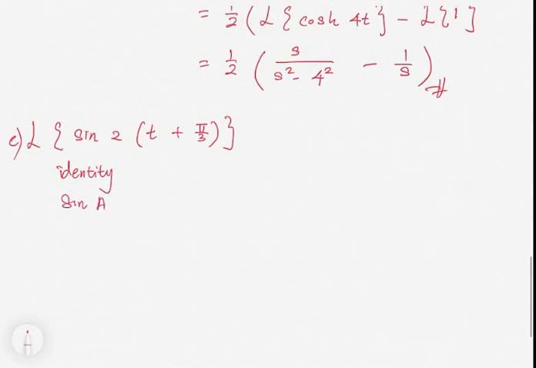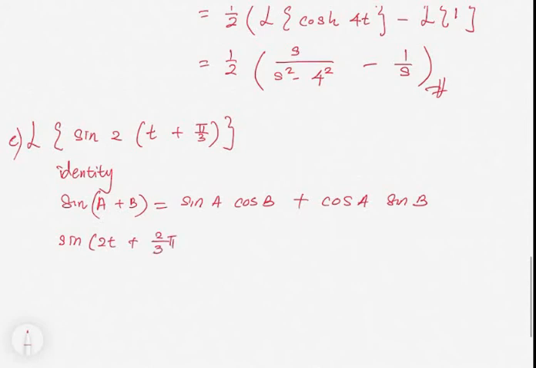Sine A plus B is equal to sine A cos B plus cos A sine B. So sine 2t plus 2 over 3 pi. Okay, you multiply in the 2 here. So you get 2t plus 2 pi over 3.